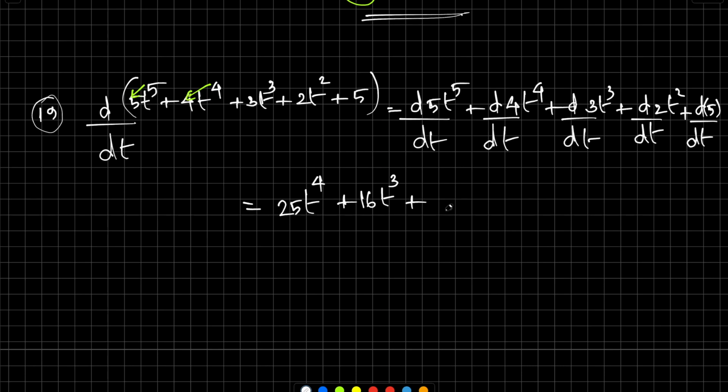Multiply 3 and 3, it's 9t to the power of, reduce the power, 2. 2 times 2 is 4, t to the power of, reduce the power, 1, 4t. And d by dt of 5 is 0. So plus 0, you don't need to write that. That's the answer.